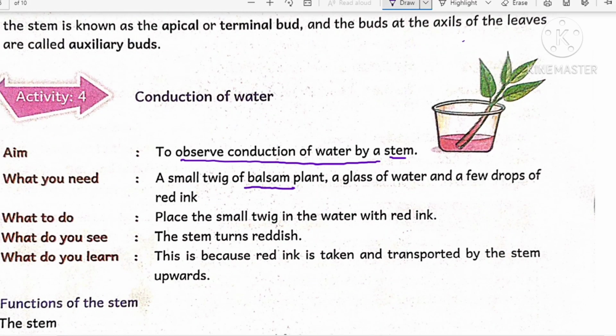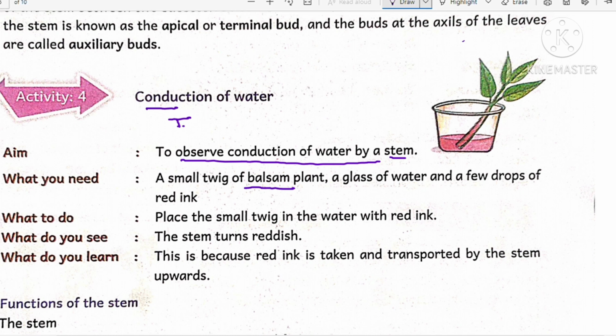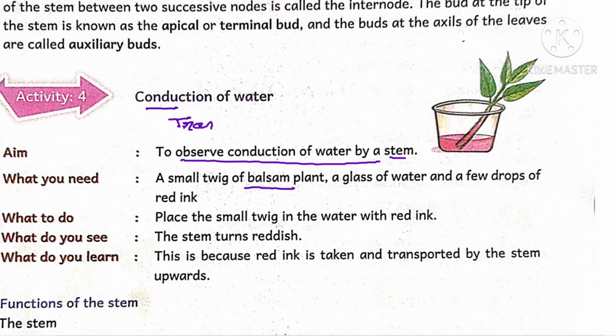Next, activity 4: conduction of water. Conduction means transport of water. That means how water is transported from the roots to the branches of the plant. For this experiment we need a small twig of a balsam plant.